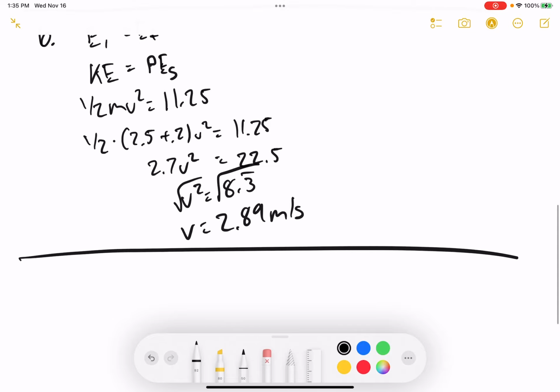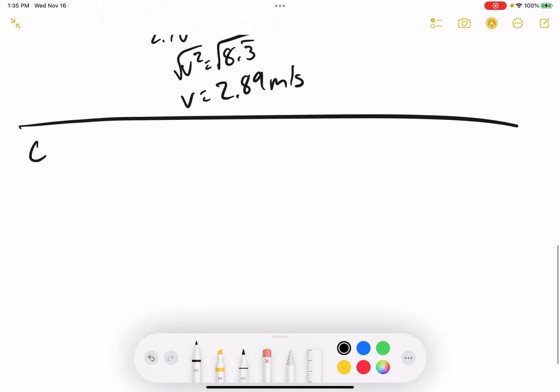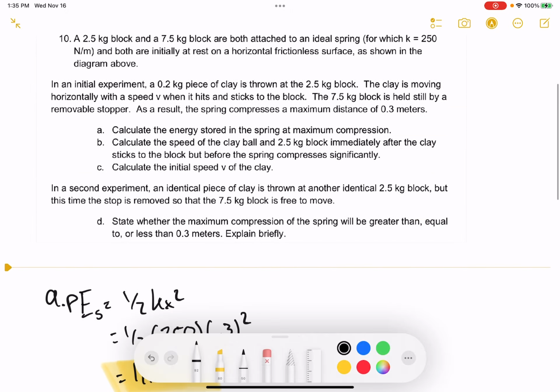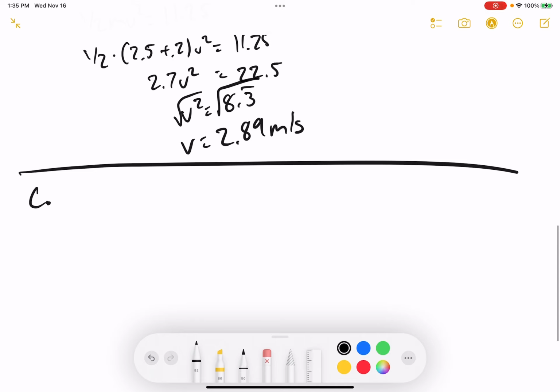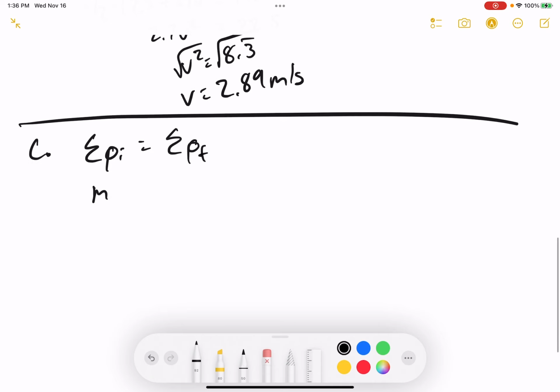Let's go ahead and move on to part C. Part C says calculate the initial speed v of the clay. Now we know that final velocity, which means we actually can use momentum. So just set up momentum. The total momentum at the beginning is equal to the total momentum at the end. We only have one object moving at the beginning, and at the end we have those two objects stuck together.